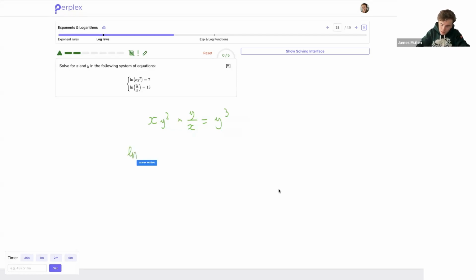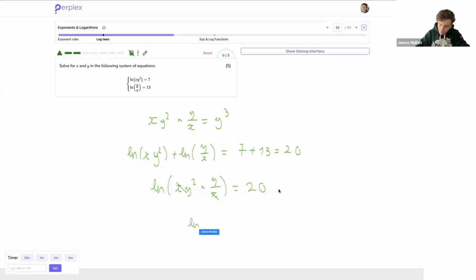Okay, so ln x y squared plus ln of y over x is equal to 7 plus 13, which is 20. All right, now I can write ln of x y squared times y over x is equal to 20, and my x's are going to cancel.